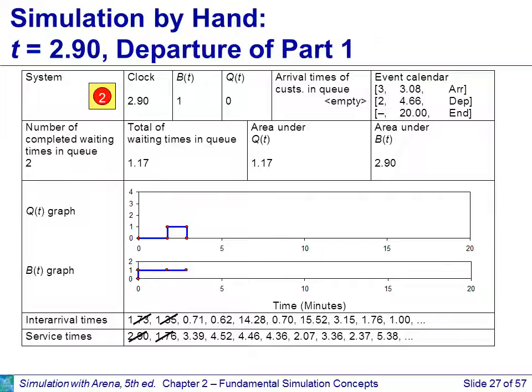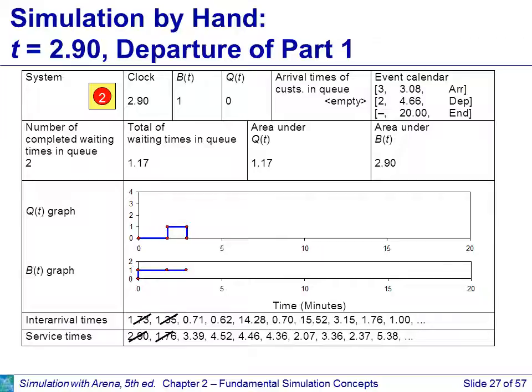The waiting time for part 1 was 0, so when we add them together, we still get 1.17. And the area under the QT is 1.17, which we just get by multiplying 1 by 1.17 of the time that passed when we had a part in the queue.